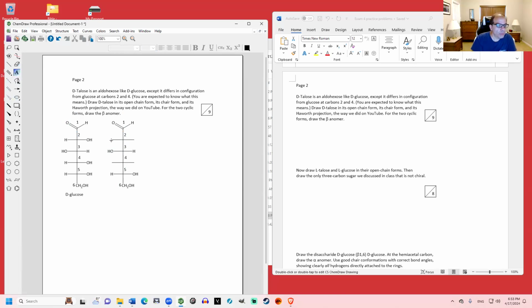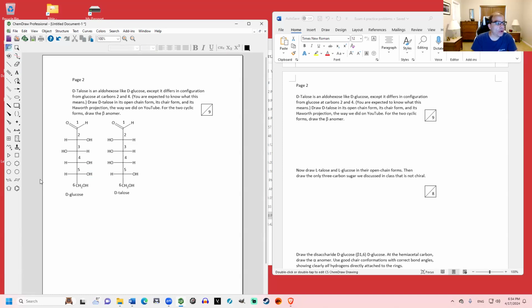So the OH group will be on the left over here, and this OH group will also be on the left. And that's D-talose. It's like glucose, except it differs in configuration at carbons 2 and 4.